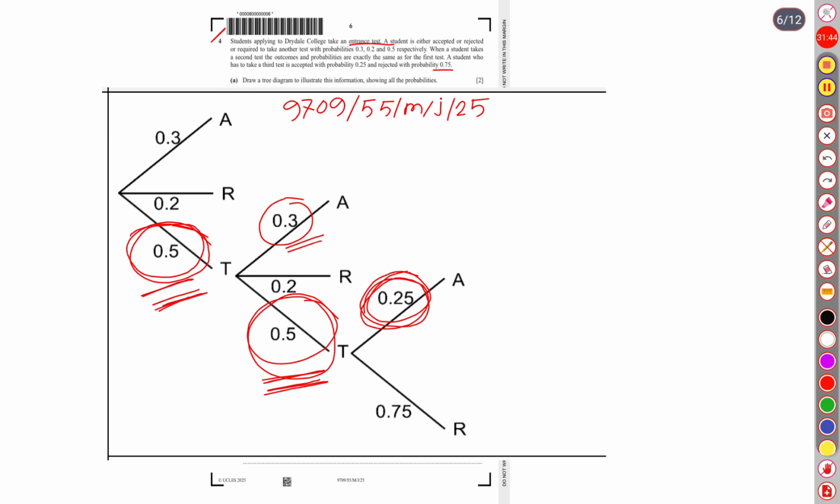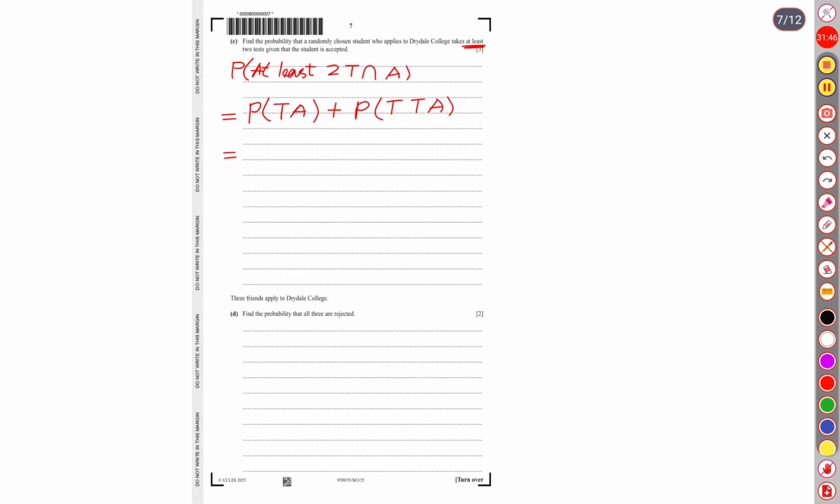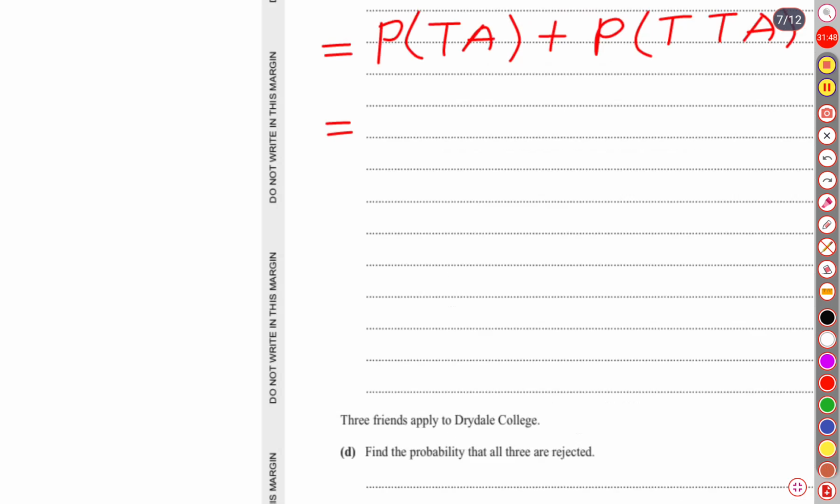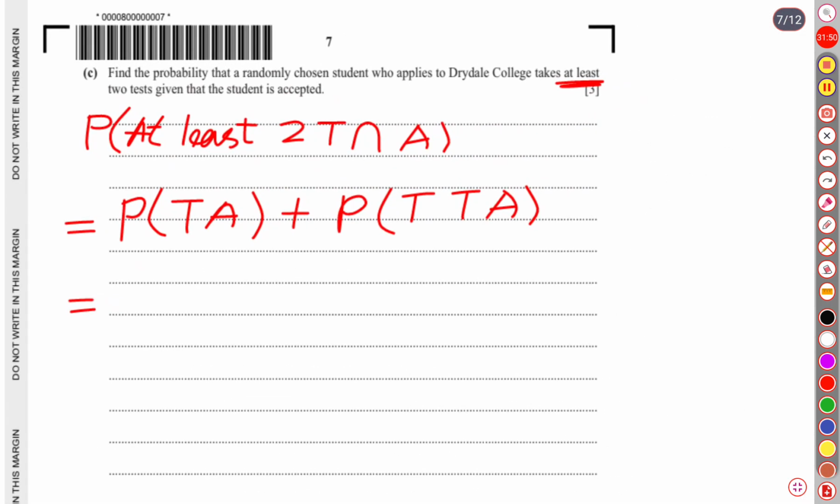So let us write all of these probabilities. For the first one, first T was 0.5, and if he is accepted, then it is 0.3 for the second test.